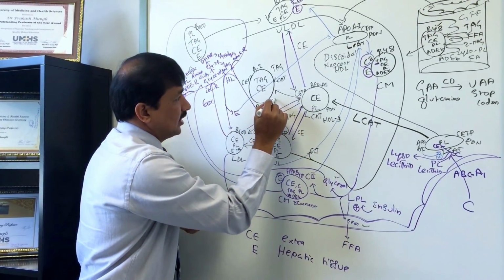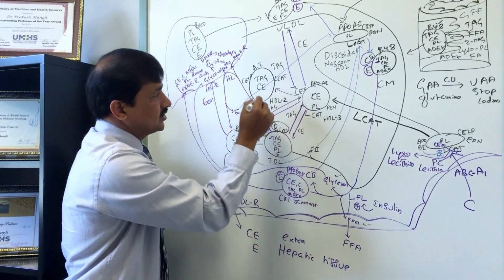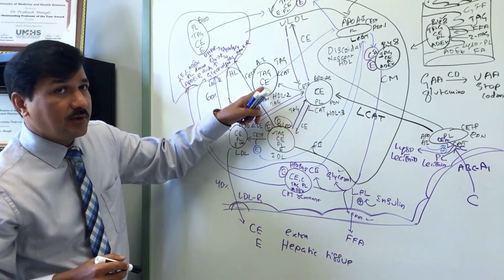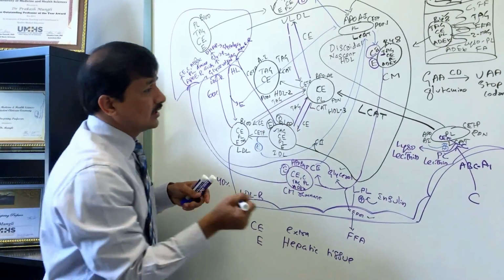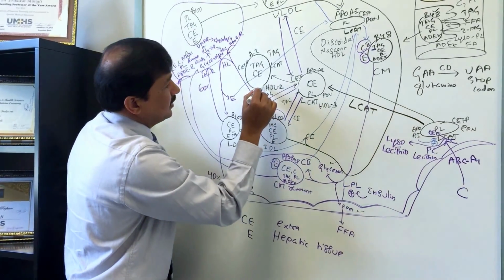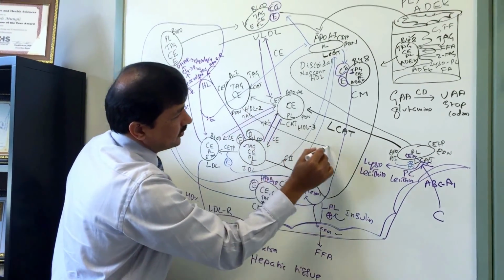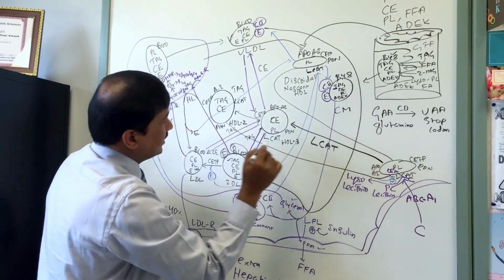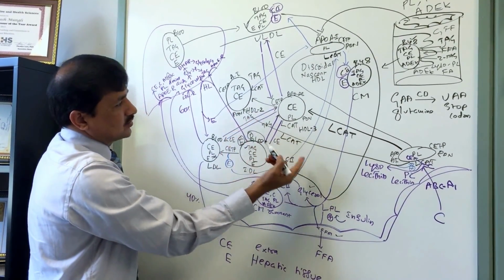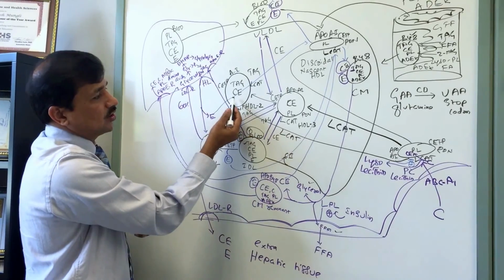This is HDL2. HDL2 has more triacylglycerol, and it has also continued to accumulate cholesterol ester because LCAT continues to work on HDL2 also. LCAT continues to do its function, so it continues to load cholesterol ester.